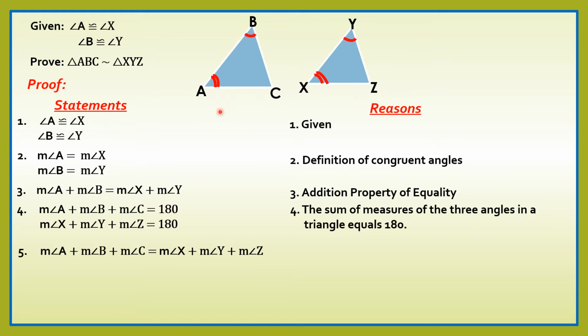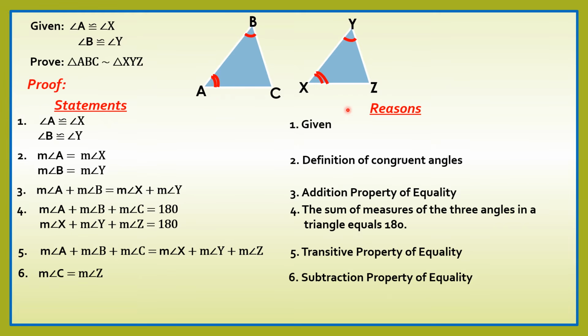Number 5, measure of angle A plus the measure of angle B plus the measure of angle C is equal to the measure of angle X plus the measure of angle Y plus the measure of angle Z. Reason, transitive property of equality. Number 6, measure of angle C is equal to the measure of angle Z. Reason, subtraction property of equality.